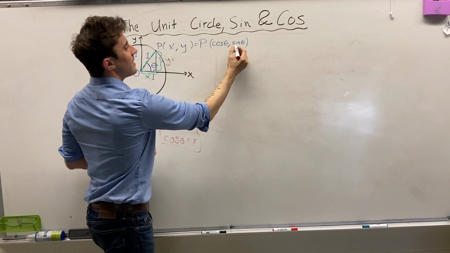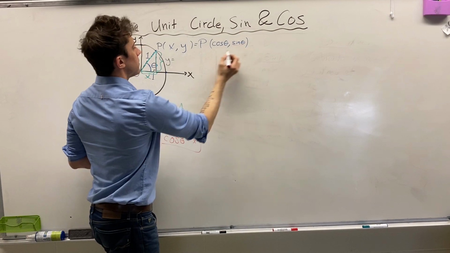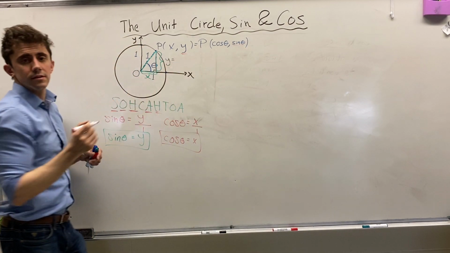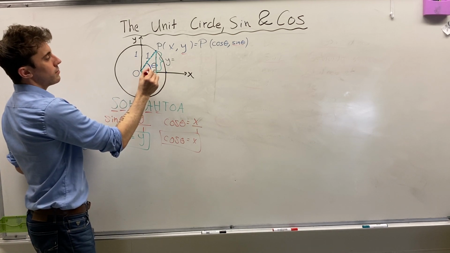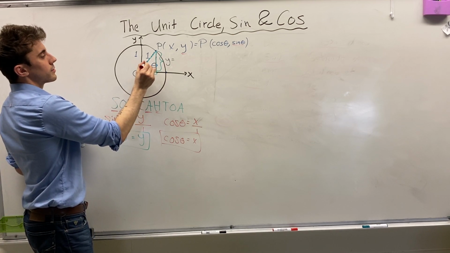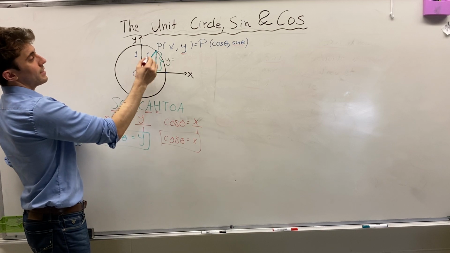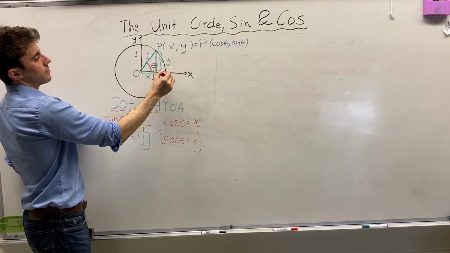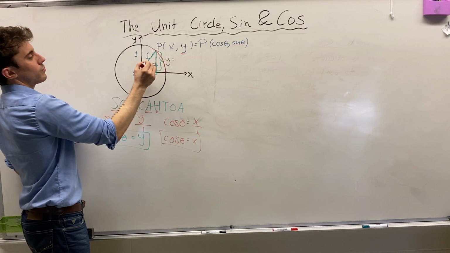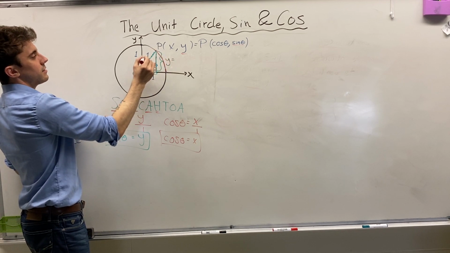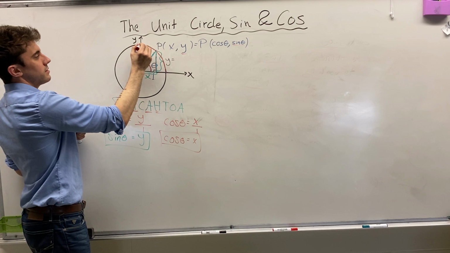Now, since the y-coordinate is the sine of theta, then we can rotate theta through the entire circle. Since sine of theta is the y-coordinate, we can see that as theta goes from 0 all the way through, we're just going to rotate our point along with theta. So if theta ends here, our point P would be up here.